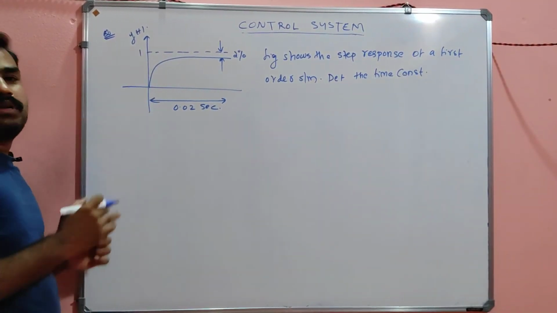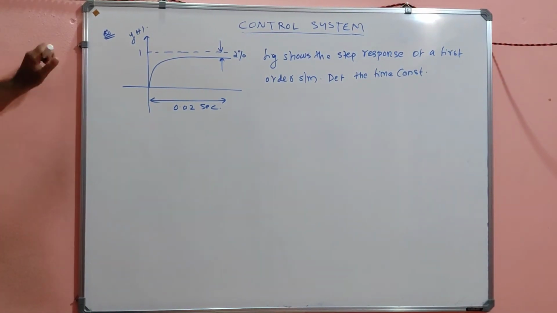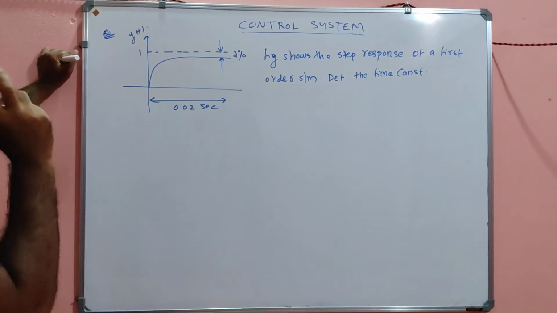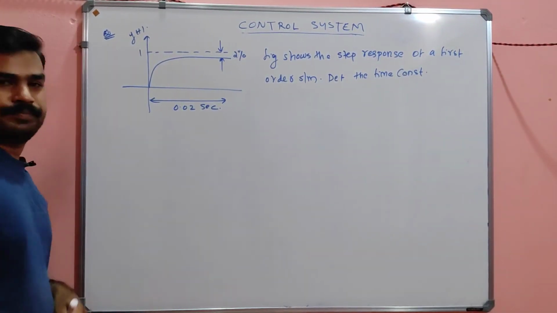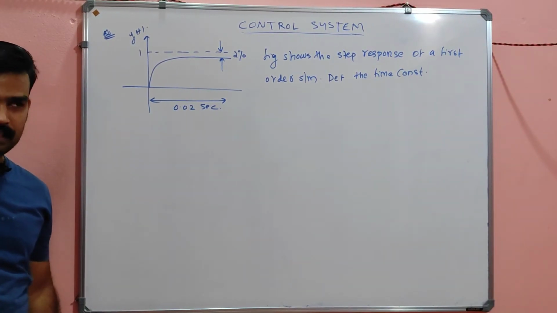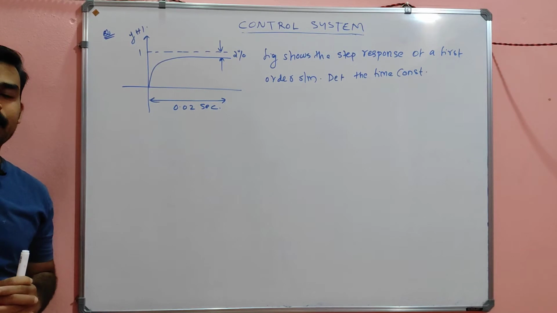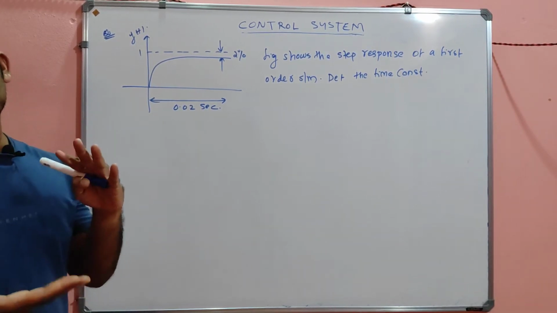This may be asked. It is easy actually, but it is a highly observable question. What is the meaning of this time, my dear? What was the definition of settling time? It is the time taken by the response to reach its final value within some percentage of tolerance.